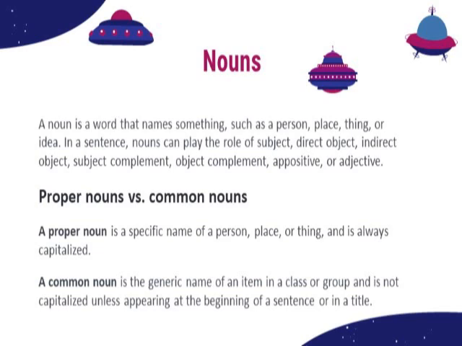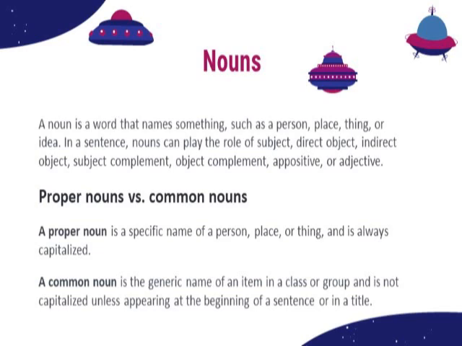A proper noun is a specific name of a person, place, or thing, and is always capitalized. Like when you mention the name of a tourism destination or a city like Bandung or Jakarta. So this is a kind of proper noun. You have to write these kinds of nouns by capitalizing the first letter of the word.